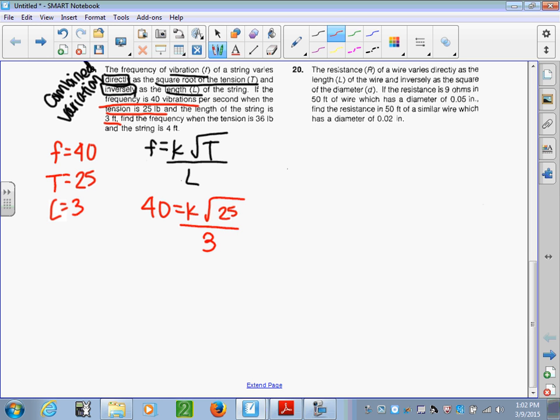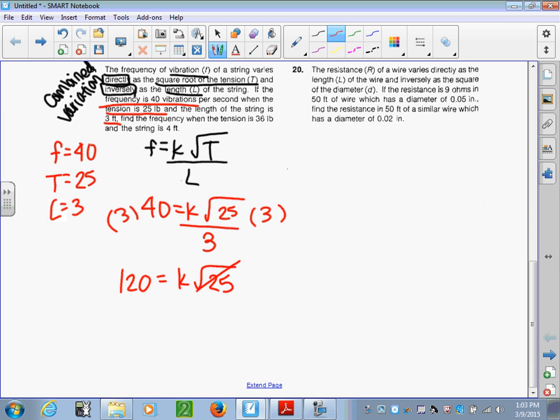The square root of 25 is 5, so that gives me 5 over 3 times k equals 40. A couple ways you can solve this, but we'll keep it consistent with how we're doing it in class. So let's move this 3 over first. 3 times both sides. So 3 times 40 gives me 120 equals k square root of 25.